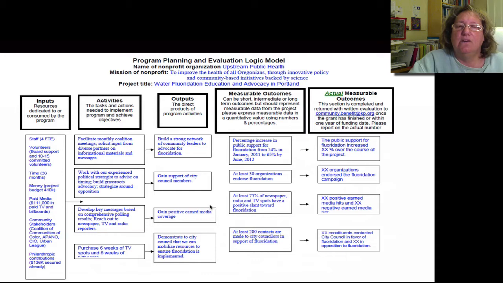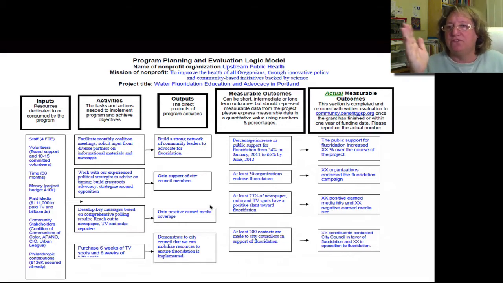So they were going to review newspaper, TV, and radio coverage of this issue, and palpably see support for fluoridation. And they were going to have counselors demonstrate their support. Then you obviously are hoping long term that fluoridation is going to get passed.